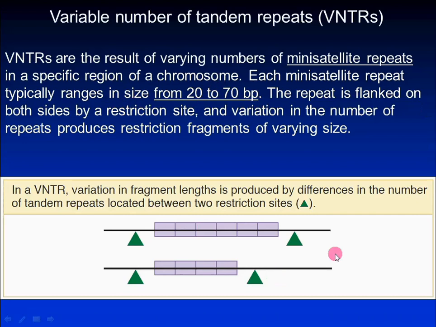The first allele has 6 tandem repeats. The second allele has 4 tandem repeats. These repeats are flanked by a restriction site. These 2 alleles can be distinguished by different sizes of restriction fragments.